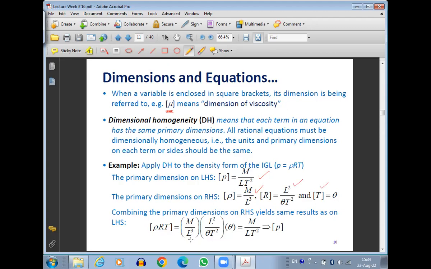You can apply all the dimensions to the variables, and you can see the right hand side is equal to the left hand side. P is M over LT squared, and rho RT, if you substitute the values, also comes out to be M over LT squared. So that's dimensional homogeneity. The left and right hand sides of the equation should have the same set of dimensions, and each term in it should have the same set of dimensions.